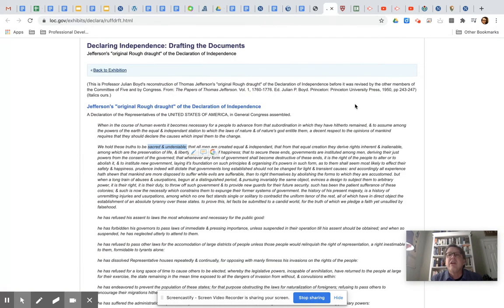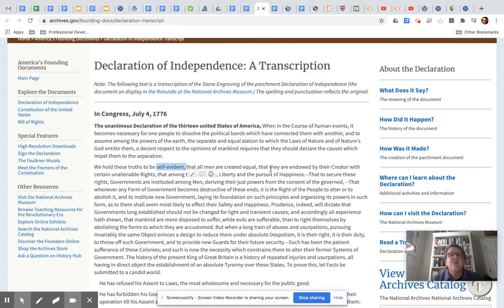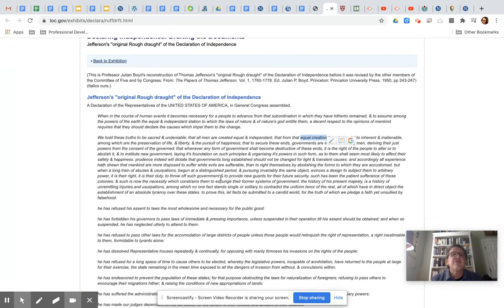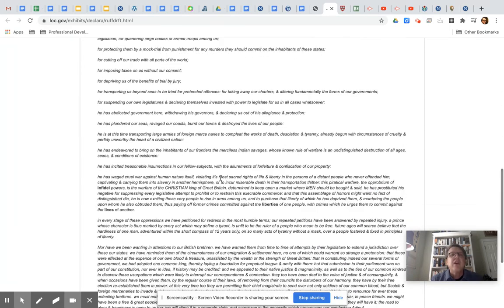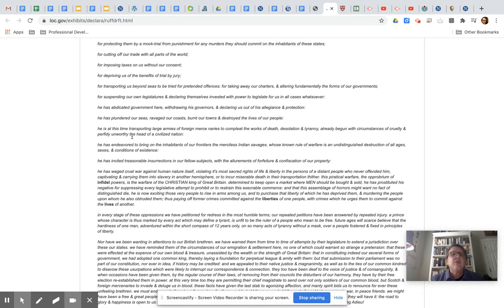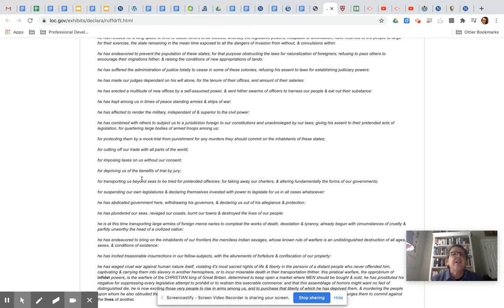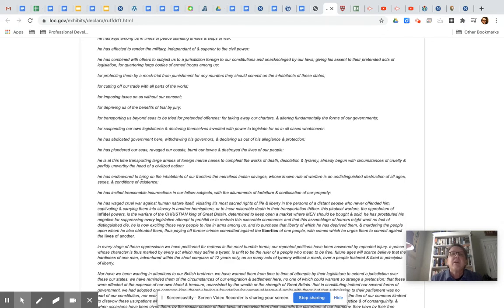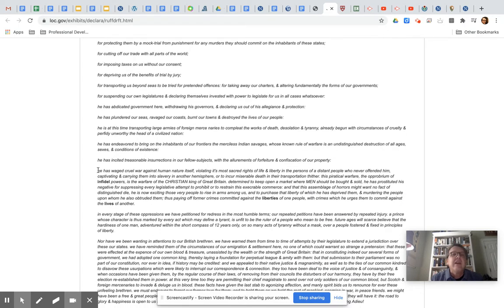Jefferson originally talked about how we get these rights from equal creation, but he was persuaded to change that to they're endowed by their creator with certain unalienable rights. And there are some other significant differences, one of which I want you to look at towards the end of all the long list of complaints against the king.